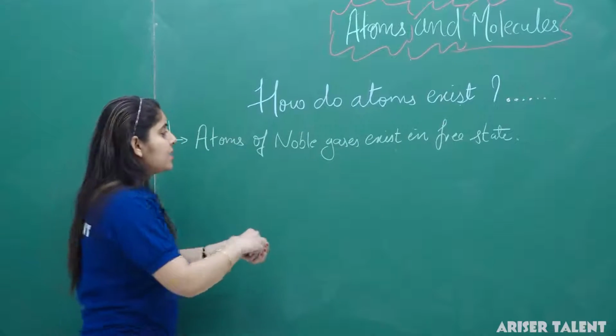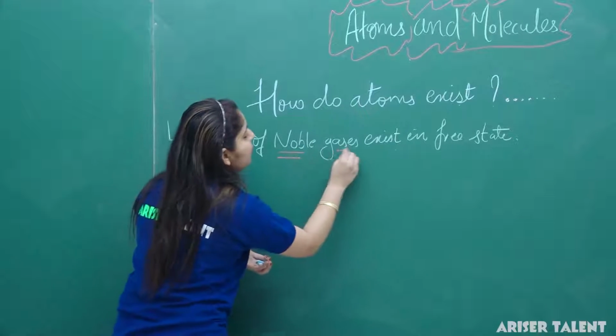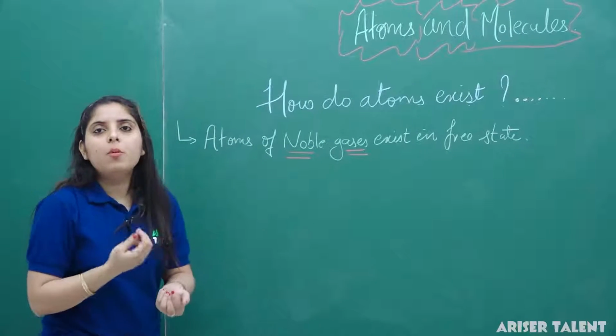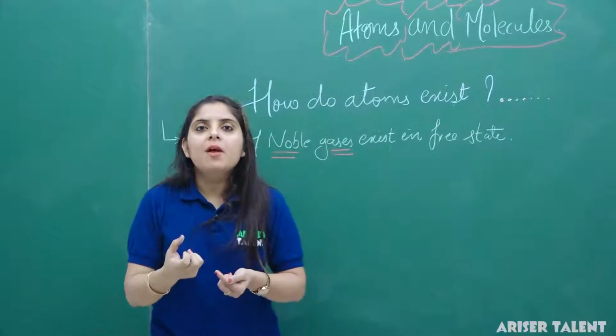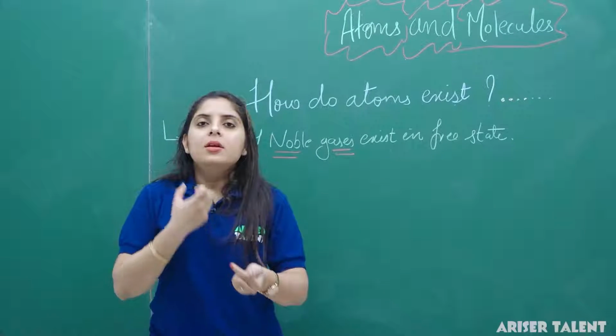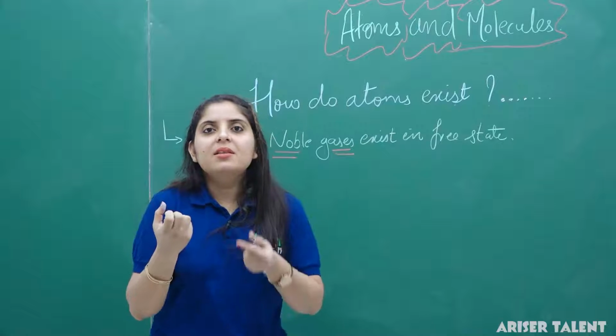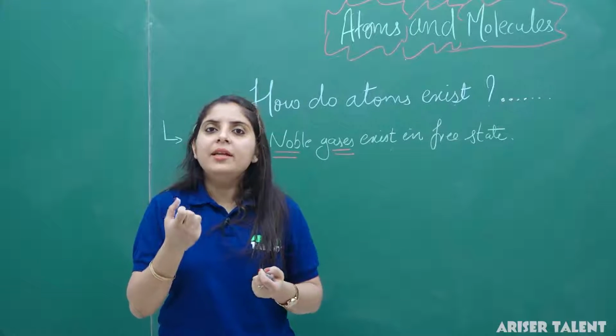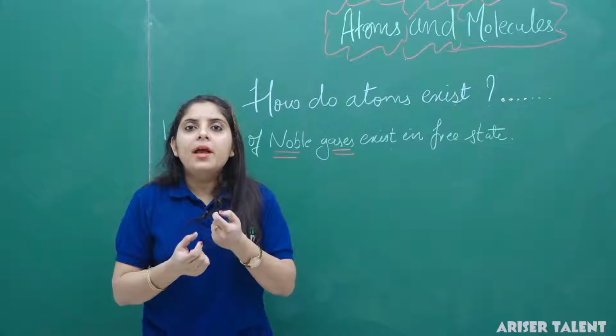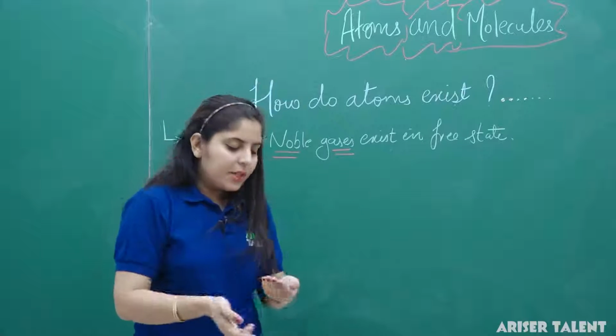Atoms of noble gases always exist in the free state. So what actually are noble gases? Noble gases are those gases which have already attained their electronic configuration. It means their octet is complete, and in their outermost shell there are already 8 electrons, so they do not have a need to gain or lose electrons.